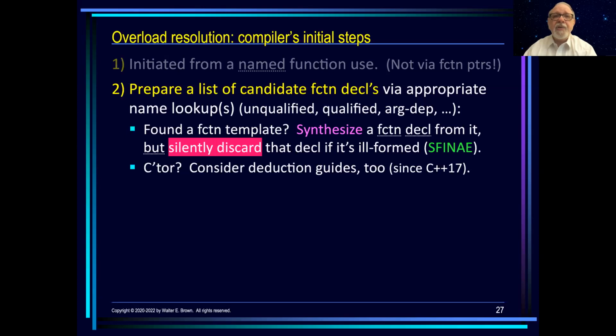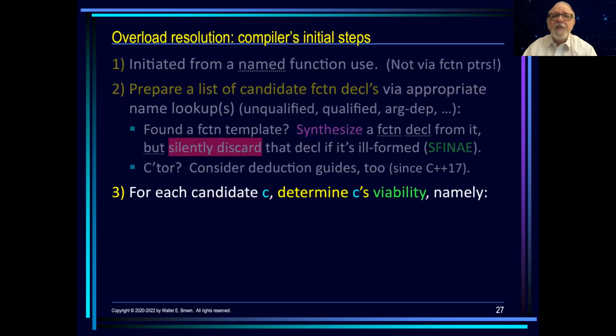Okay, so at this point, the compiler has produced a list of candidates, but not all of them are necessarily good candidates. So the next major step is for every candidate, let's say its name is C, the compiler will determine whether C is viable. Namely, is it really a good candidate?